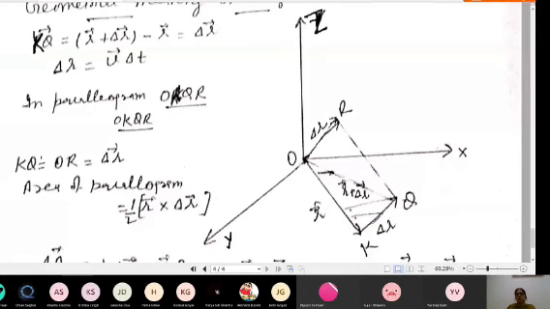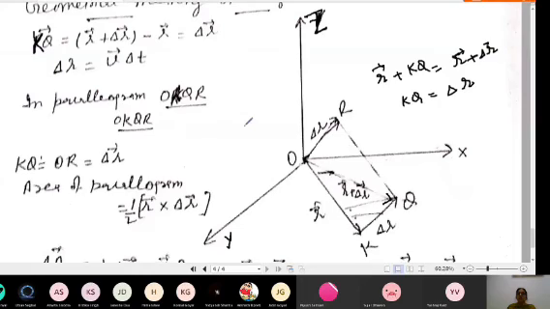KQ is the displacement vector, which you can find by using the triangle law, because r and delta r are in the same direction. R plus KQ equals r plus delta r by the triangle law, and by comparing, KQ comes out to be delta r, because r gets cancelled.